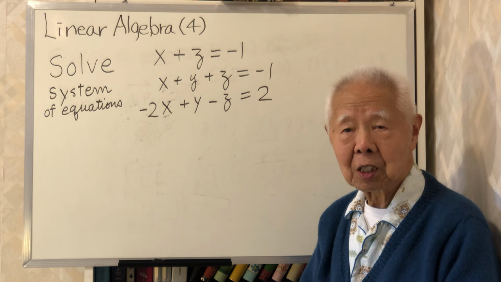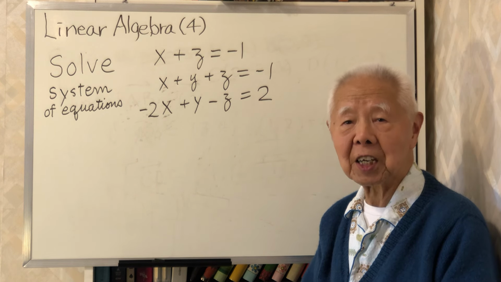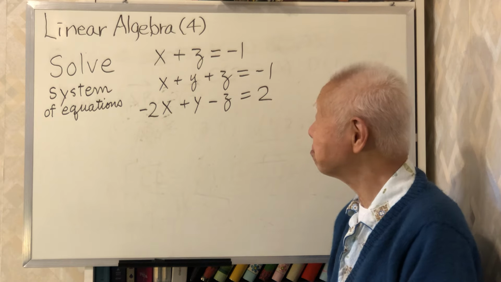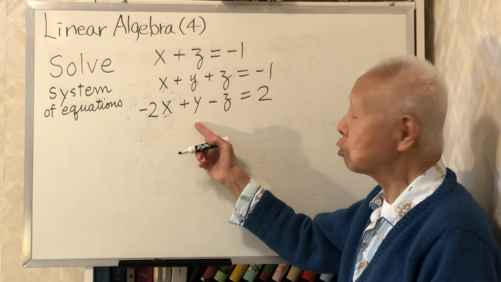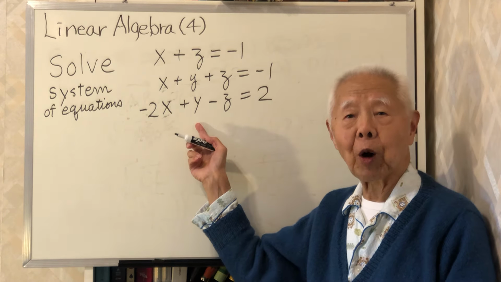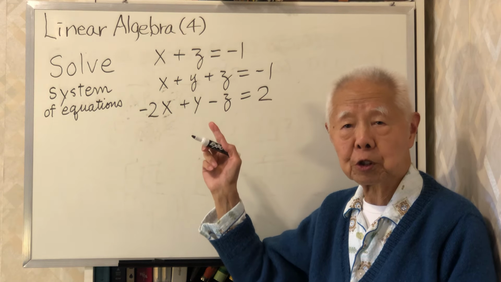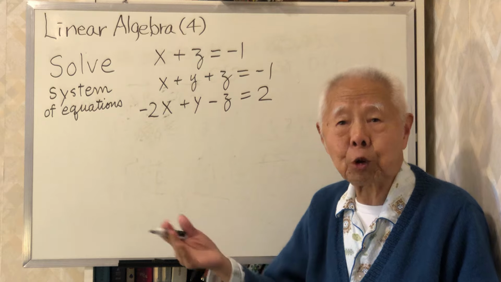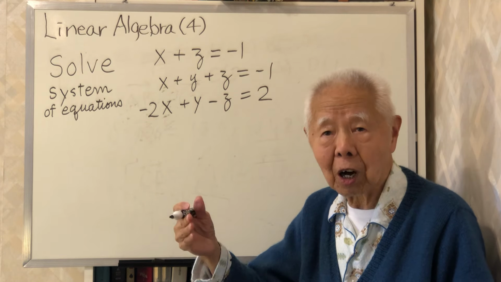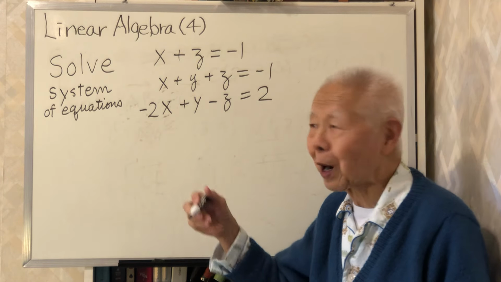This way, we will have only x and z. How do we eliminate y from the second and the third equations? Subtract y. You understand? Just subtract.